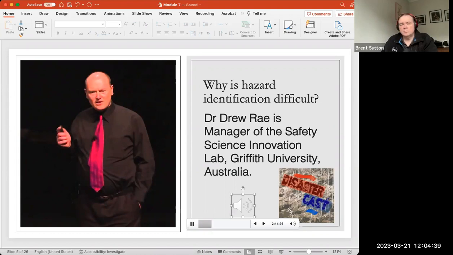A 2006 study of construction projects found that less than 10% of hazard identifications were complete, with typically only 60 to 80% of the hazards which should have been identified actually being identified. This matches other research into particular hazard identification techniques, where individual methods find between 20 and 80% of all of the known hazards. Put simply, hazard identification is often done very badly, and bad hazard identification makes a significant contribution to actual accidents.